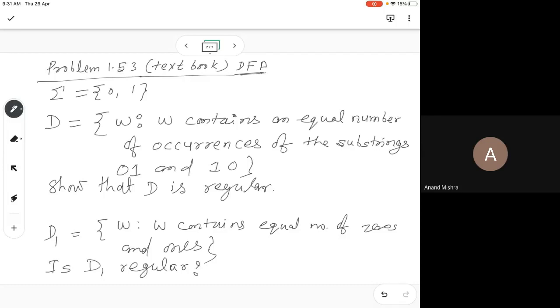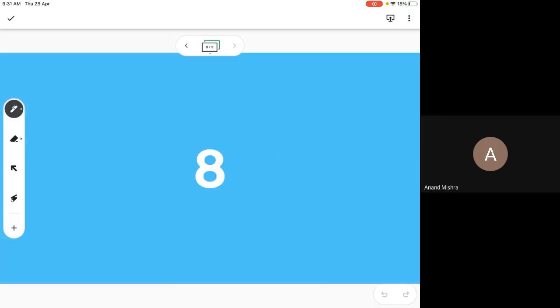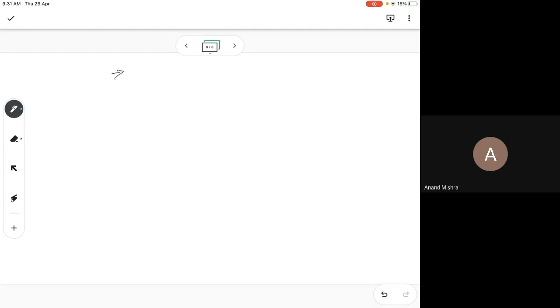So one may try something like this, just as a thought. This will not work. Maybe whenever I read zero and then I read one. Okay? But is this a correct answer? No. Right? Because why is it not so? This is reading 10, 11, 20, 21, and so on.